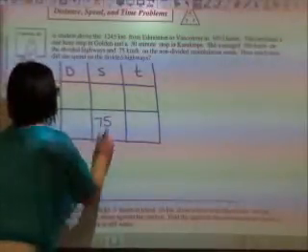Now, what do I know about the time I spent driving on the divided highway? Do I know anything? The speed on the non-divided is 75.